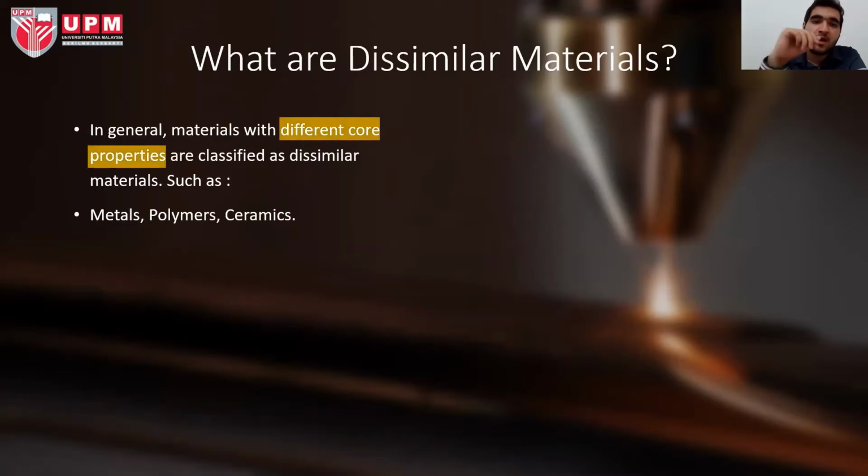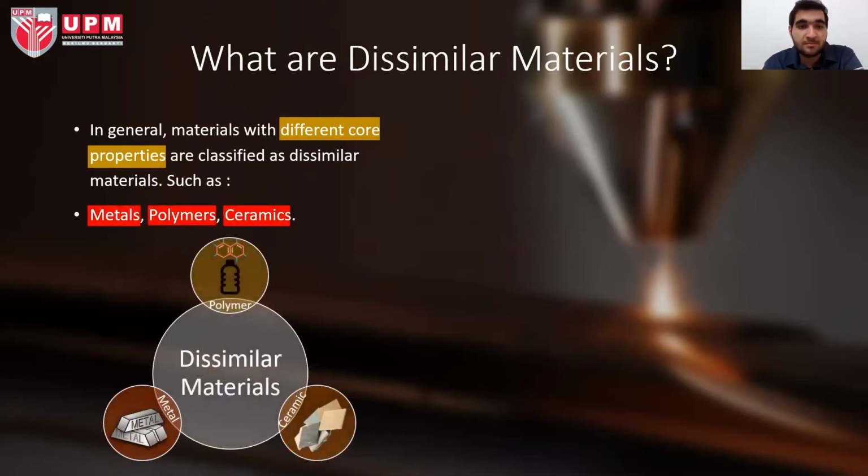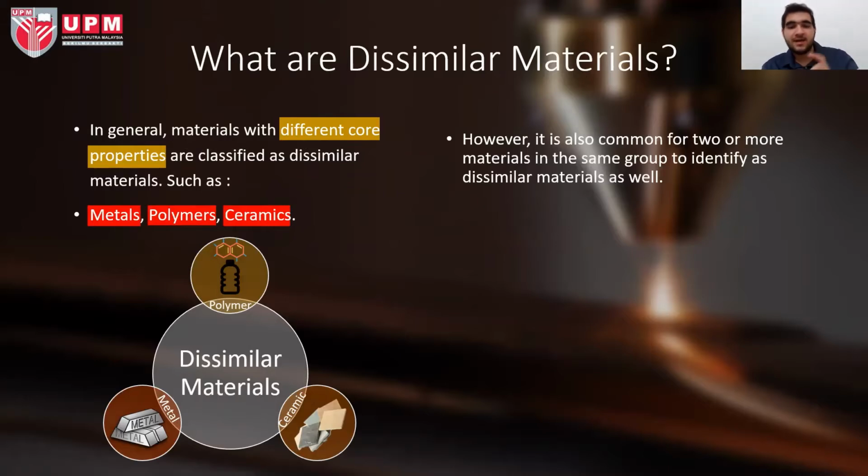In general, materials with different core properties are often classified as dissimilar materials. Sometimes they're called monolithic materials or individual materials as well. These comprise such things as metals, polymers, and ceramics. Now, on a side note, it is common and very much possible for two or more materials within the same group to be dissimilar materials as well.